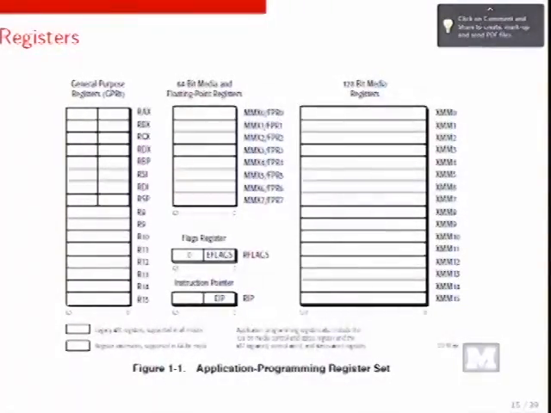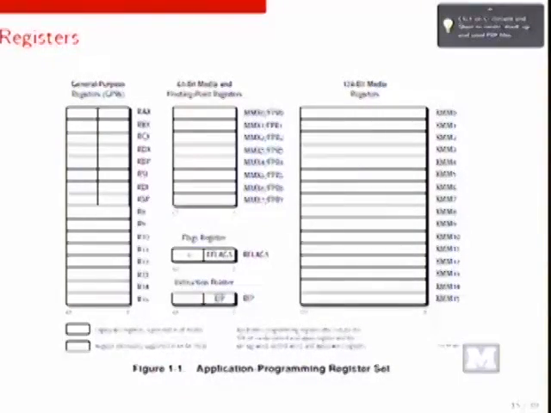So on the chip, the processor has to store certain information. Like suppose it has to add some numbers. It takes two numbers, it adds them, and it stores them in a certain place. Where does it store them? A lot of times it's in one of these registers. And when it does a lot of arithmetic operations, the immediate arguments to the arithmetic operations are going to come out of these registers. Okay?